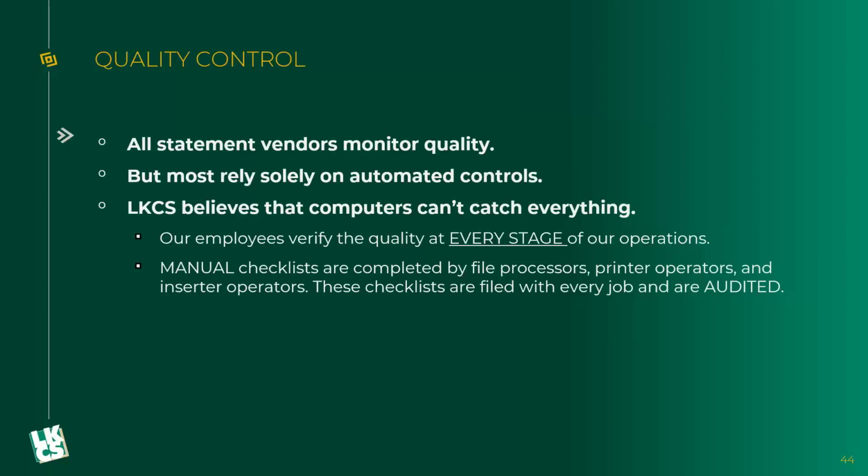We require manual checklists to be completed by file processors, by printer operators, and by inserter operators. These checklists are filed with every job so we can go back to them, and they're actually audited as part of our SOC 2 audits. So it's not just our security on the IT side that's audited, but our entire process, including our quality control procedures.